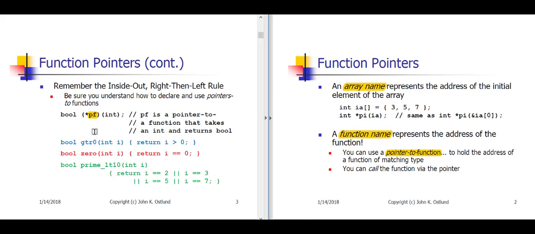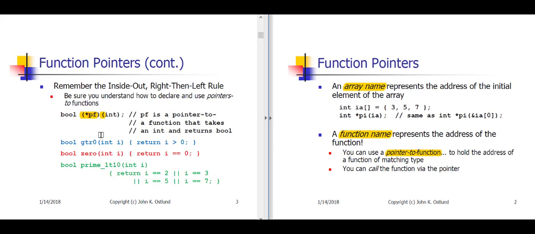We attempt to read to the right first, but we hit the closing parenthesis, so that reflects us back to the left. So we read the star as pointer to, and there we've bumped into the left parenthesis, the open parenthesis, so that jumps us back to the right again. And here, instead of a square bracket, which would indicate an array, we hit an opening parenthesis, which indicates a function.